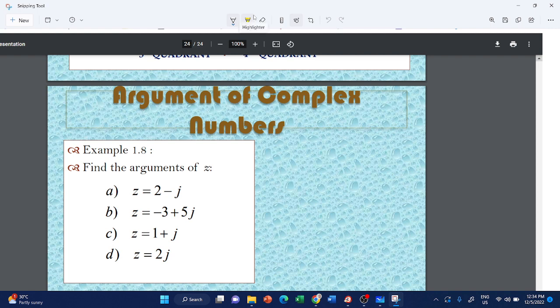Okay, so we sketch it out. Give me the radius. Where's the radius for B? So here we plot the graph first. So the radius is square root 34.